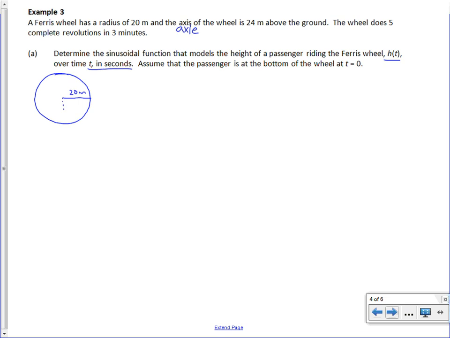But just as easily, this might help us. You guys get that there's radii vertically as well. Okay? And I know that the axis of the wheel is 24 meters above the ground. Well, wait a second, what does that mean? The axis of the wheel is 24 meters above the ground.